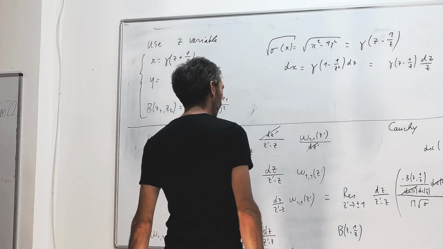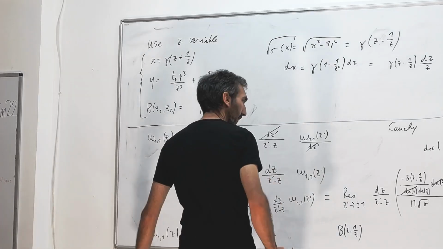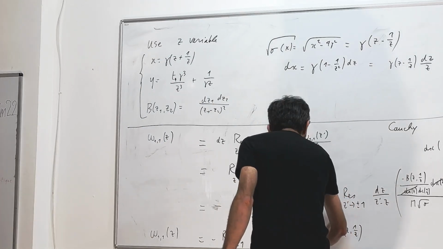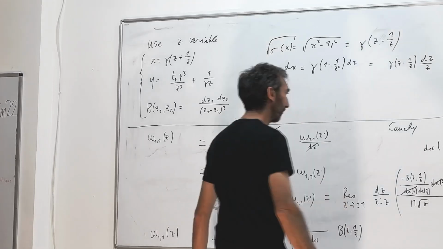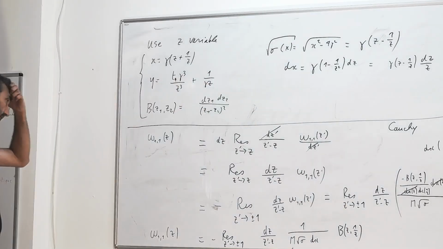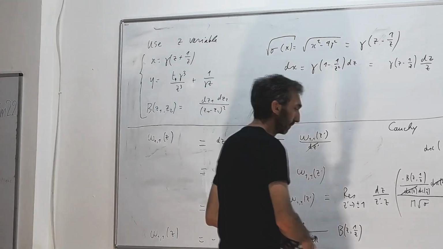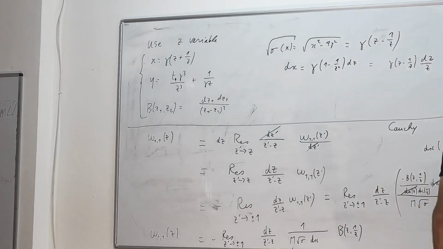There is a minus sign. And there is 1 over m square root of sigma times dx. We're almost there. No, yes, this is important.